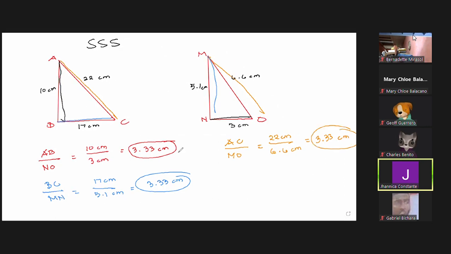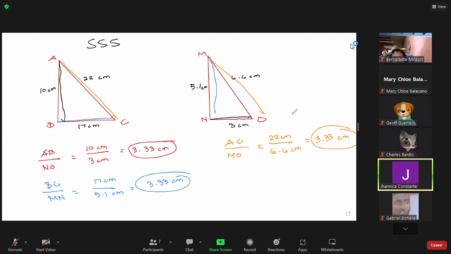So since all the ratios of the corresponding parts of our triangles are the same, that means triangle ABC is congruent to triangle MNO.